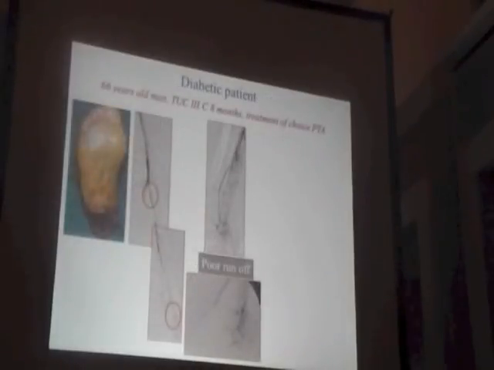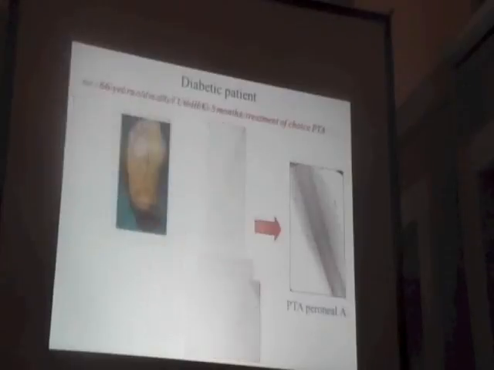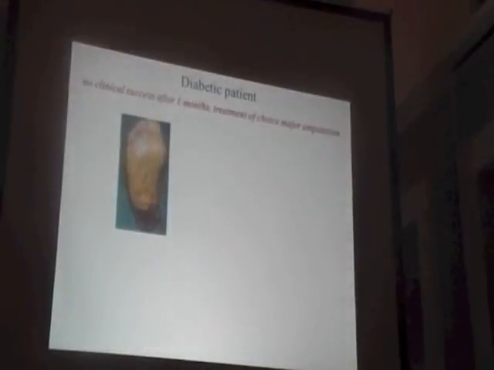This is a patient with a trophic lesion in our center. The first indication was endovascular treatment of the peroneal artery, but with poor runoff in this kind of patient. The result was, after 1 month, no clinical success in this patient. The patient was re-evaluated in our center.